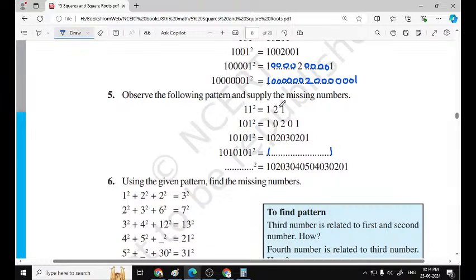Then we have to increase the number up to the number of ones. So here there are 4, so the middle term must be 4. Then 1 0, 2 0, 3 0, 4, and now the opposite: 0 3 0 2 0 1.